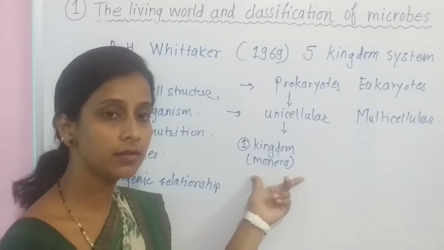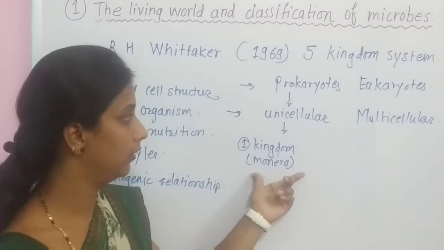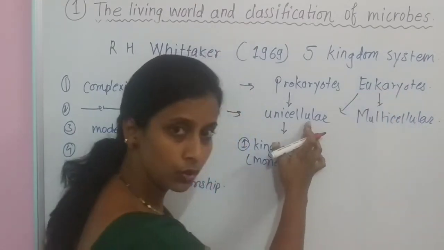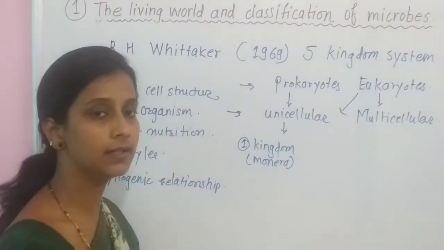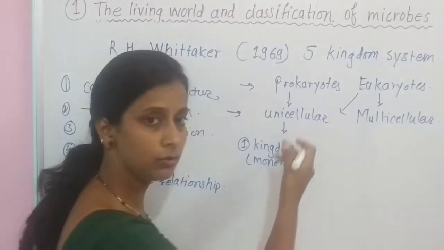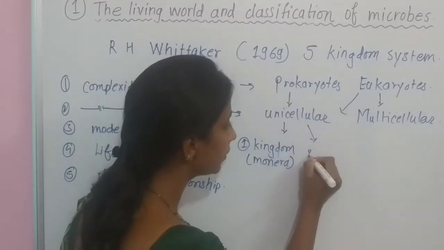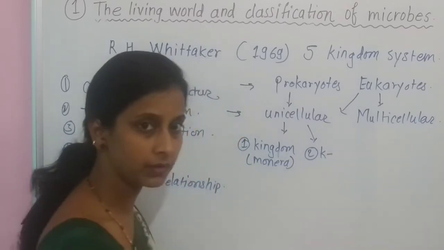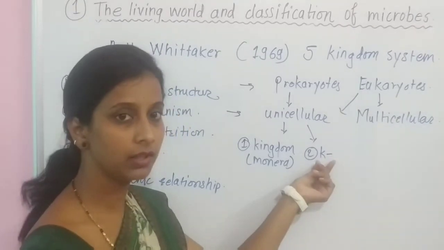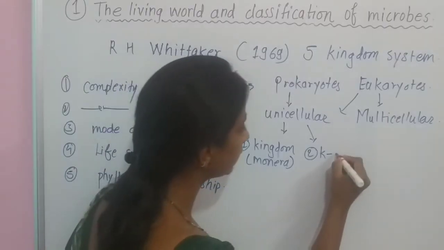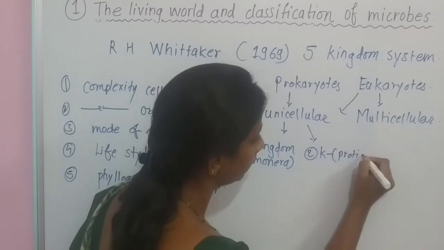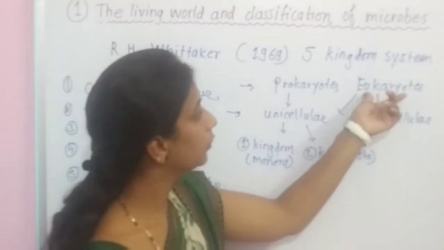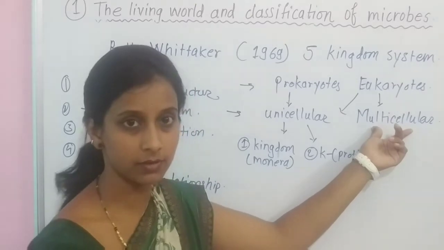Then he divides eukaryotes into eukaryotic unicellular and eukaryotic multicellular organisms. The eukaryotic unicellular organisms are put into the second kingdom, kingdom Protista. Then come the eukaryotic multicellular organisms.